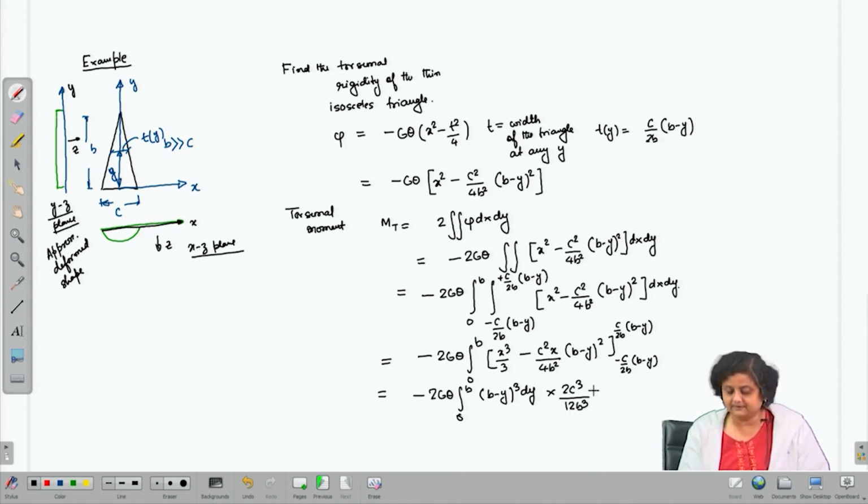And if this is evaluated further, this ends up being G theta c cubed b by 12.